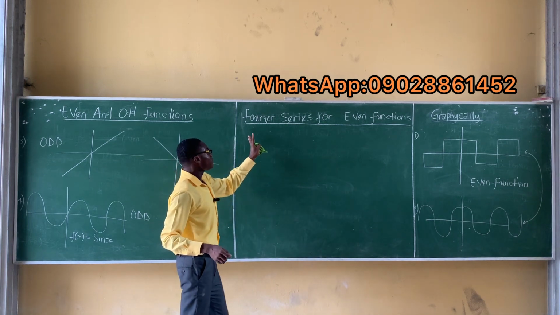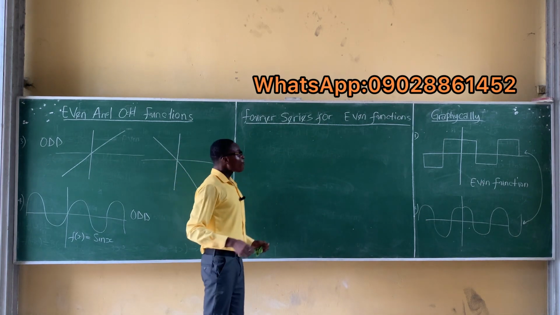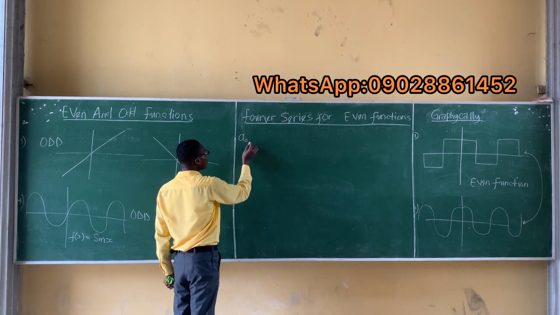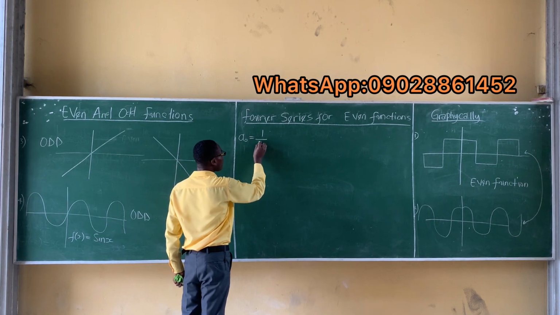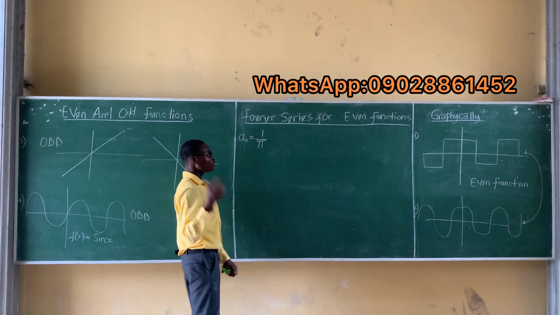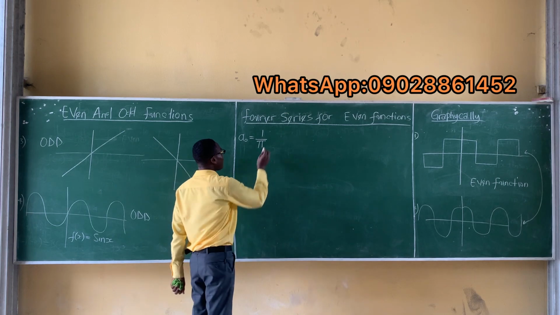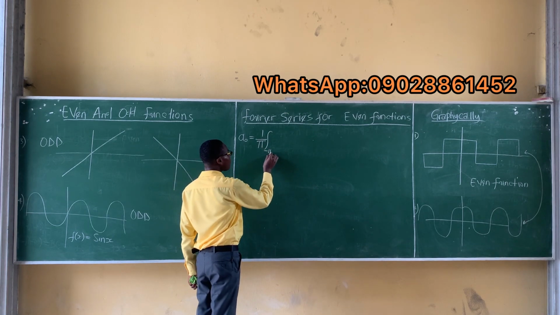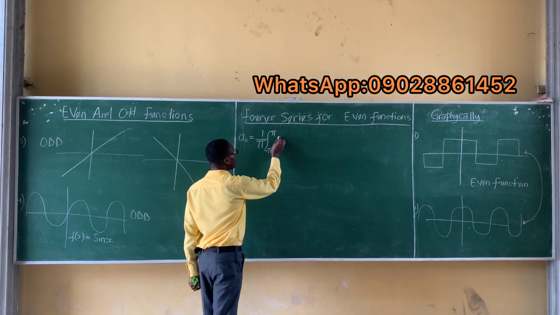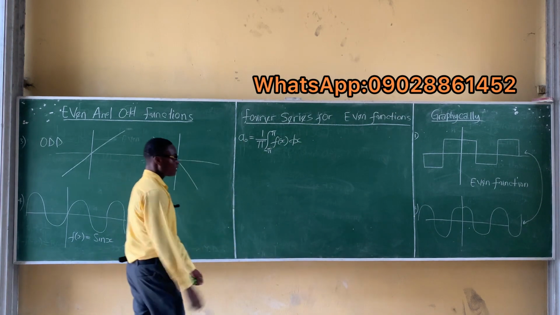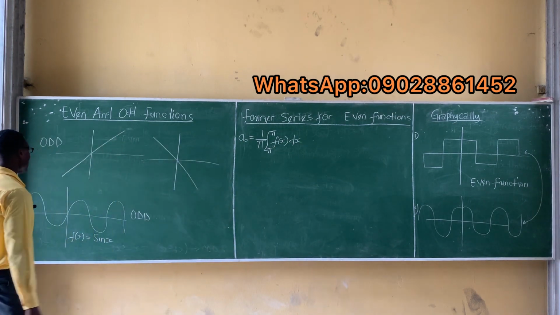But what we are interested in is the Fourier coefficient. The first one we have there is a naught equal to 1 over pi, the integral from minus pi to pi of f of x dx. Don't forget, please check the video for this.